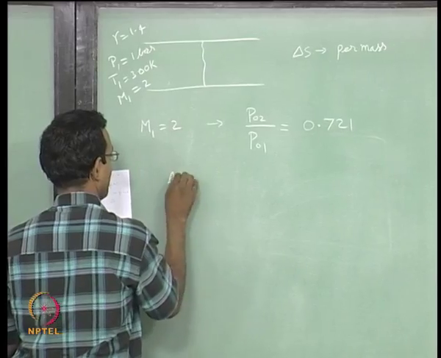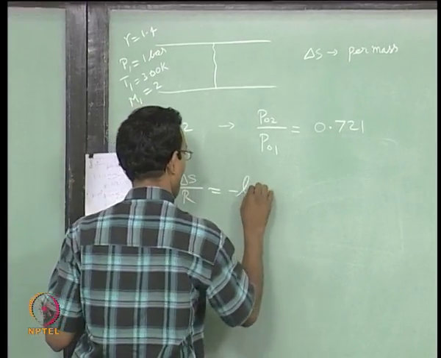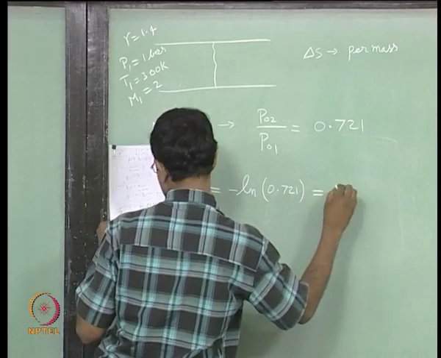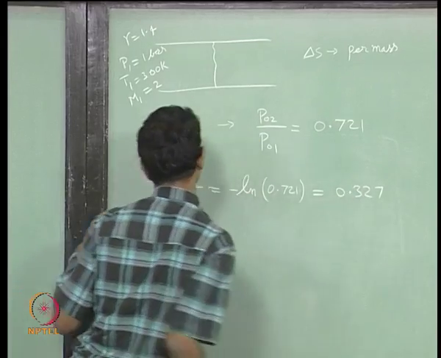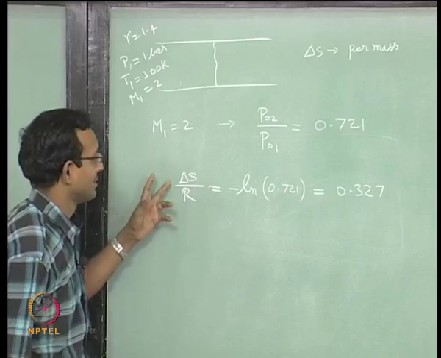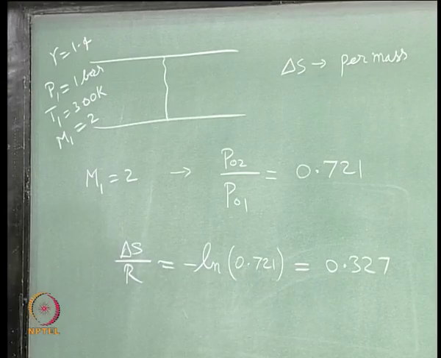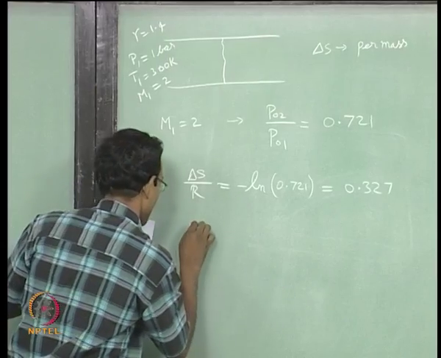So my delta S by R is equal to minus log of 0.721, which is 0.327. We just now discussed this. So delta S is equal to R times this value, where R is my per kilogram basis gas constant.